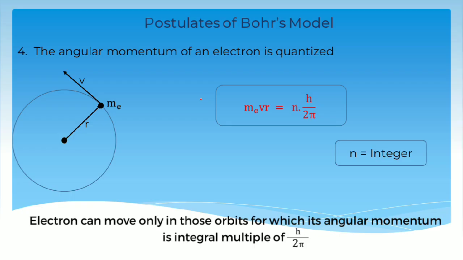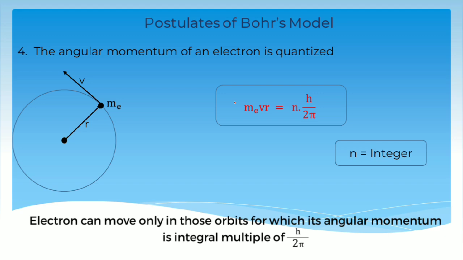Bohr proposed that an electron cannot move in any random orbit around the nucleus. It can move only in those orbits where its angular momentum has certain fixed values.